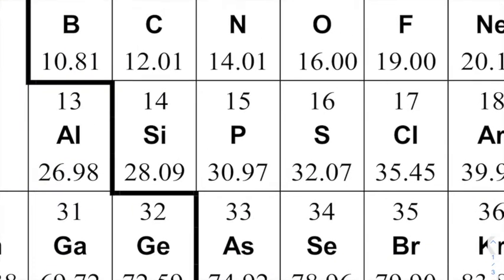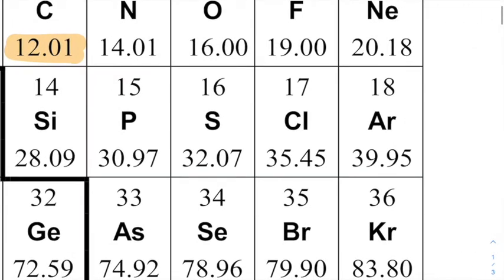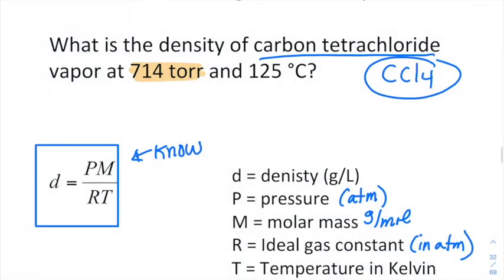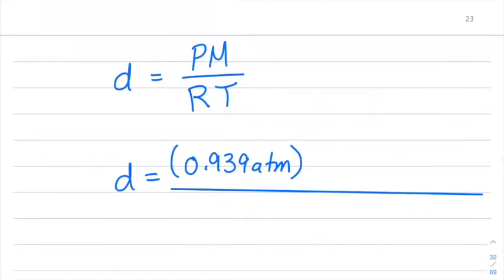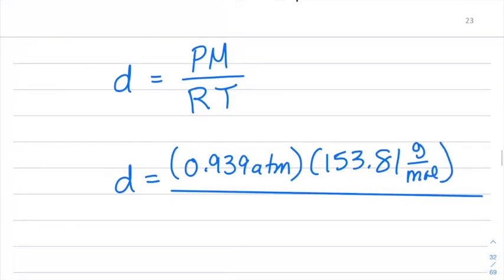So looks like we've got 12.01 plus 4 times our chlorine of 35.45. And Tasso's already got it for me, 153.81, excellent, same value I got. The rest of you calculating along, did you get similar answers? Excellent. You guys can calculate faster than I can. All right. So 153.81, and this is in grams per mole. Okay, any questions on where we got that molar mass?